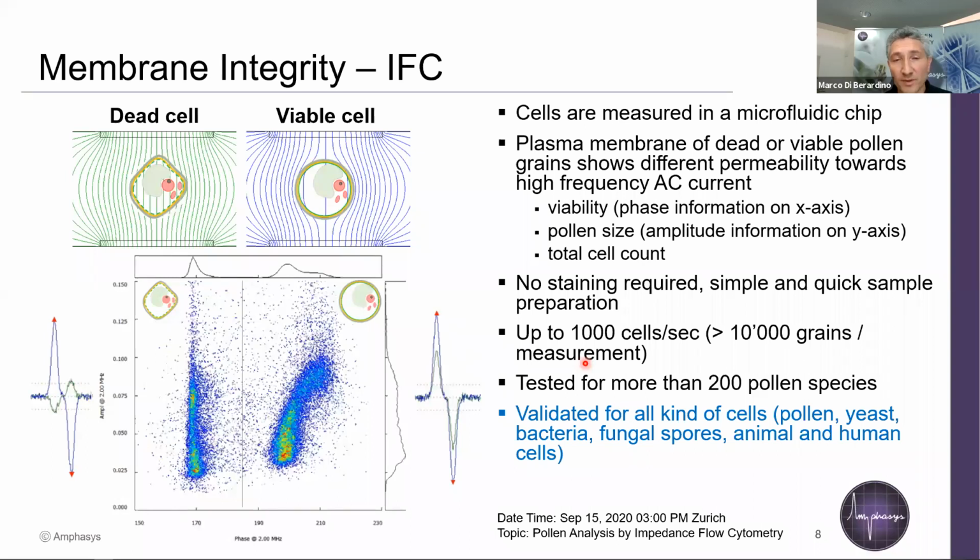We have already tested more than 200 pollen species with this technique, and it worked quite well. But it must also be mentioned that impedance flow cytometry has been validated for any kind of cells, also for yeast, bacteria, fungal spores, animal and human cells too.